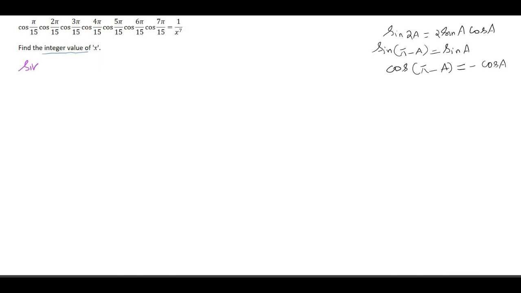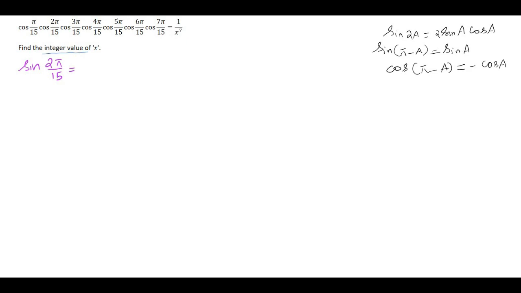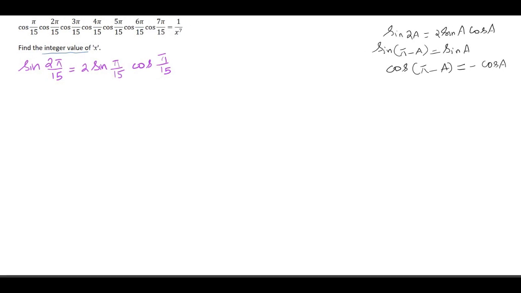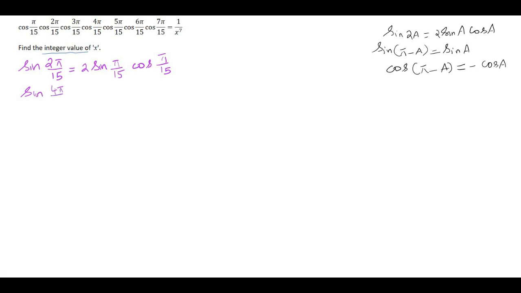Sin 2 pi by 15 is equal to 2 sin pi by 15 cos pi by 15. Okay, then sin 4 pi by 15 is equal to 2 sin 2 pi by 15 cos 2 pi by 15.